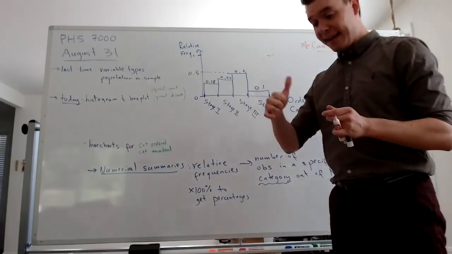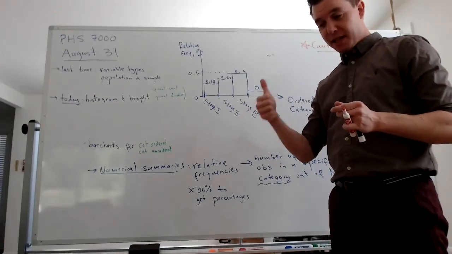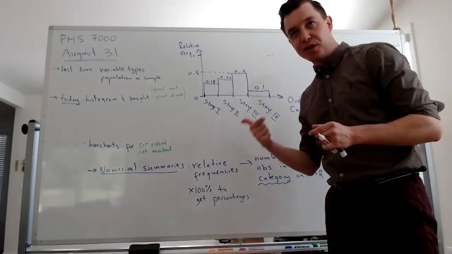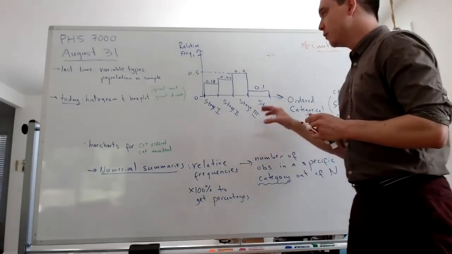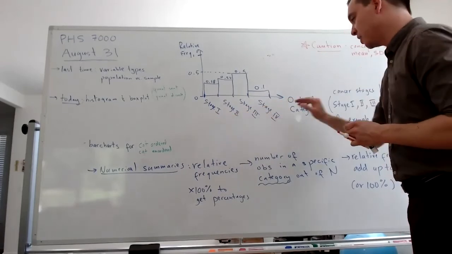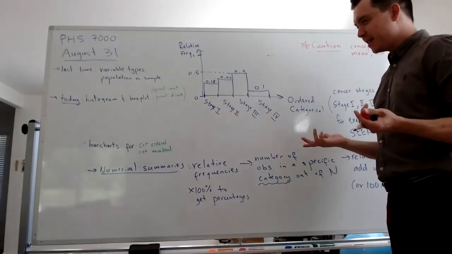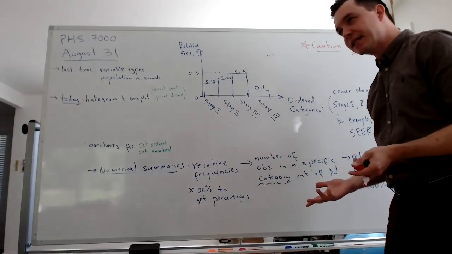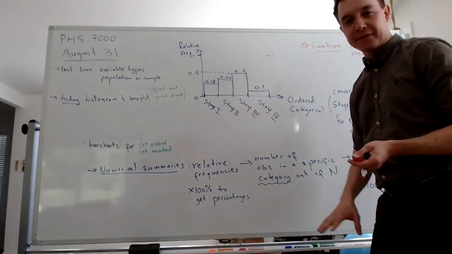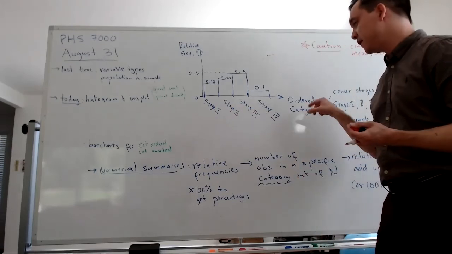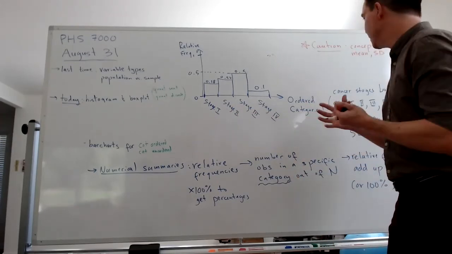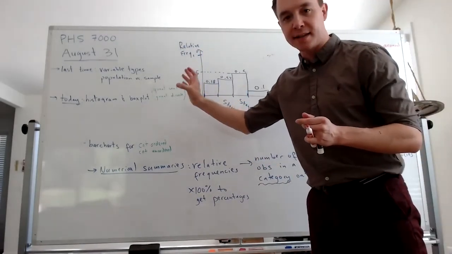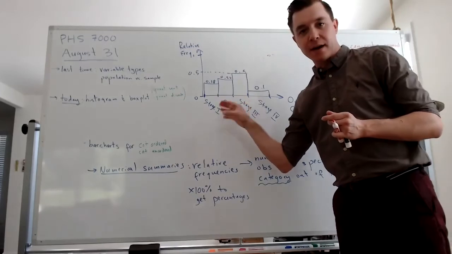So the average is going to have units, milligrams per nanoliter of blood. The standard deviation will also have those units. But if my categories are stages of cancer, is the standard deviation going to be a stage of cancer? Well, we can't invent a 1.5 stage of cancer. We also can't invent the 5th stage. So we can't just take the standard deviation from the quantitative world and apply it into the categorical world.